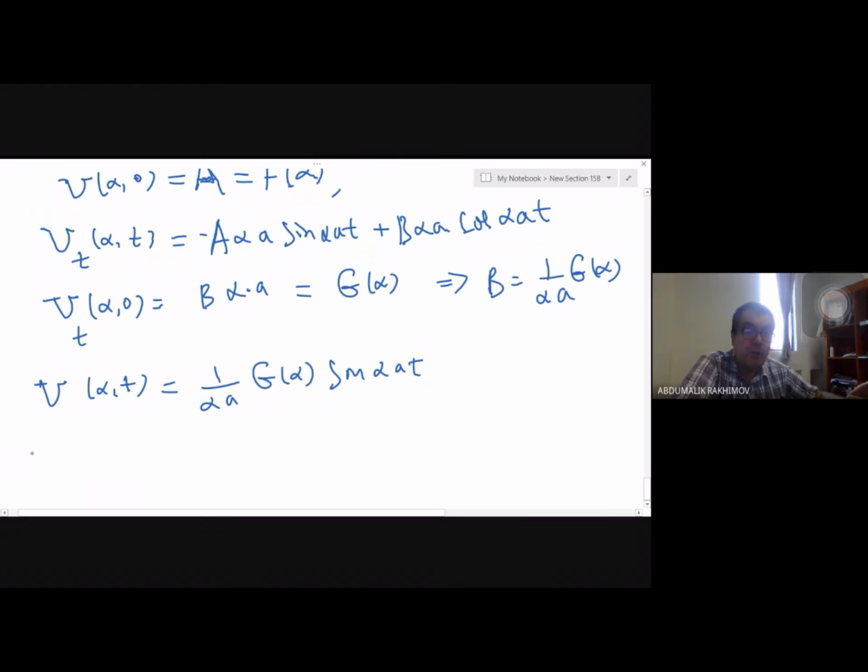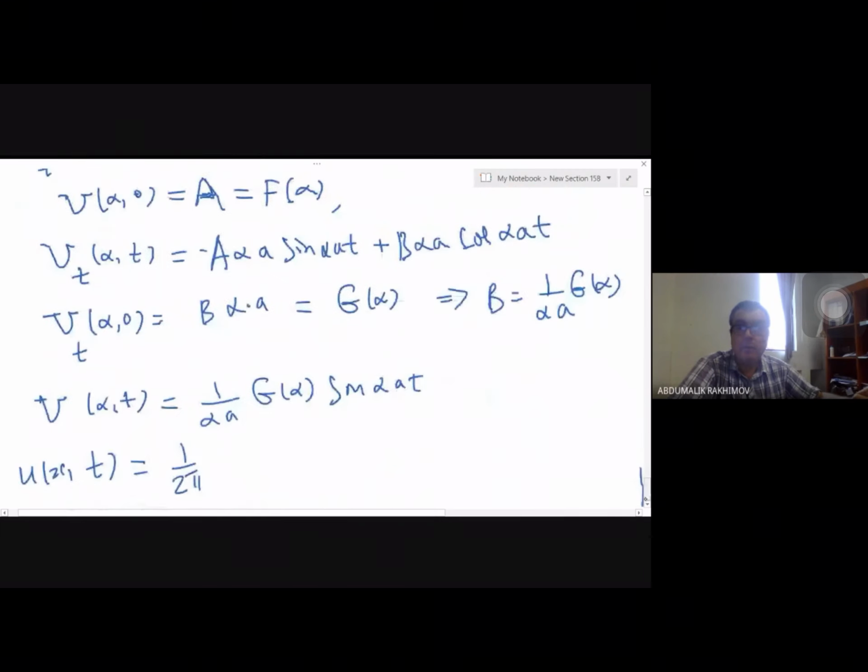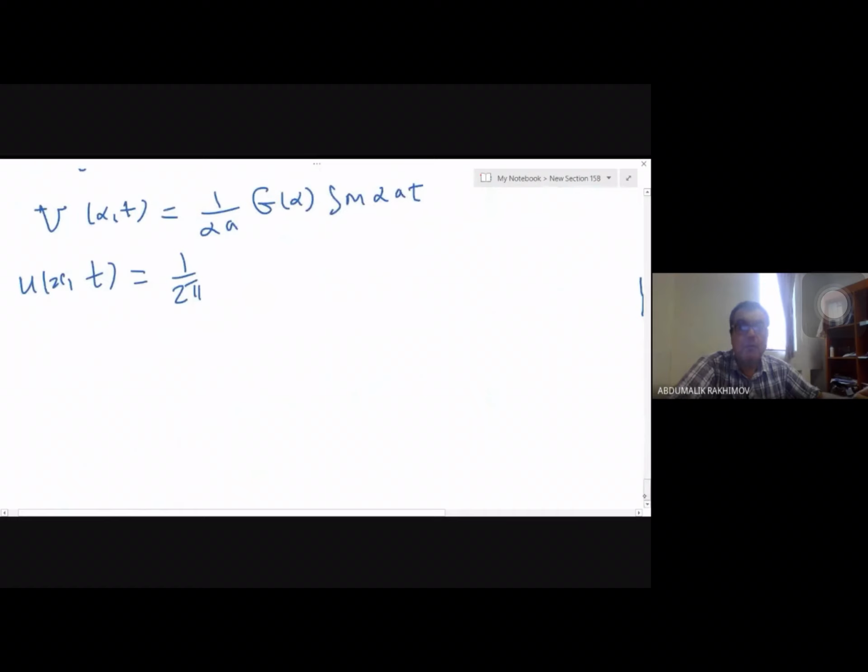Now what is U? Our function U(x,T), which is the solution of this problem, is equal to 1 over 2 pi, I forgot it the previous time. Integral from minus infinity to plus infinity, U is 1 over alpha A, G alpha.